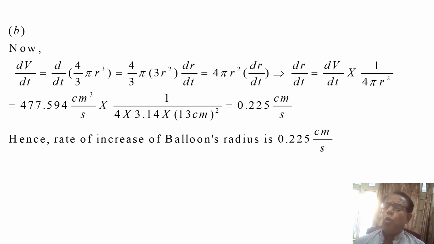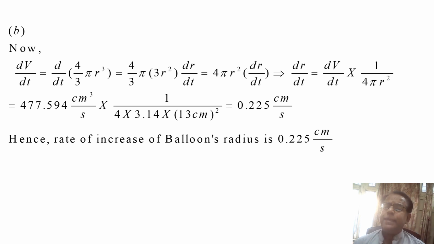So here dr/dt becomes equal to 0.225 centimeter per second, because centimeter cubed is in the numerator and (13 centimeter) squared is in the denominator, so only 1 centimeter in the denominator will be left.